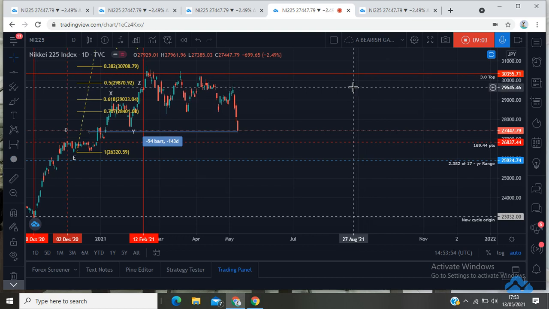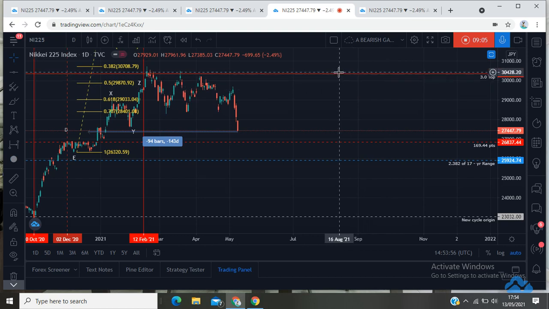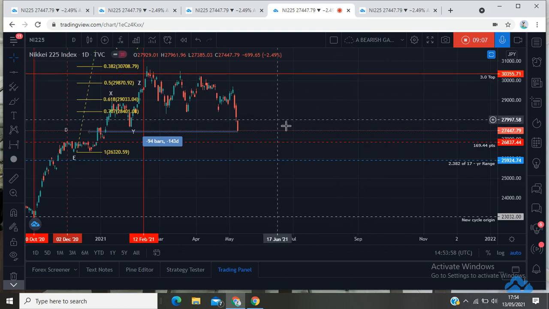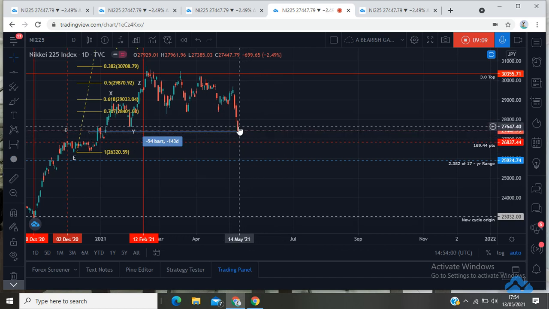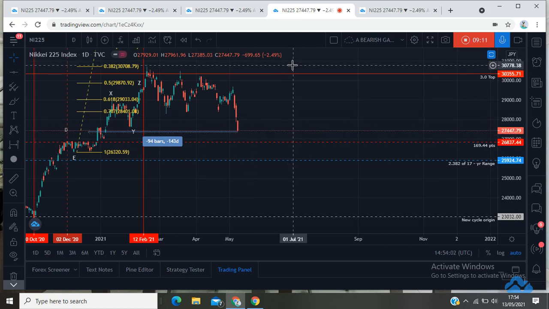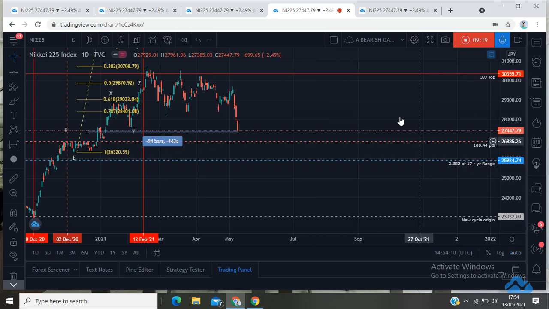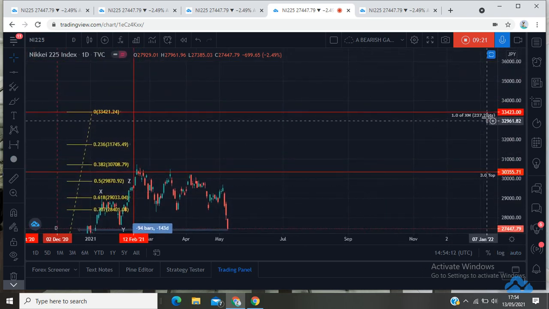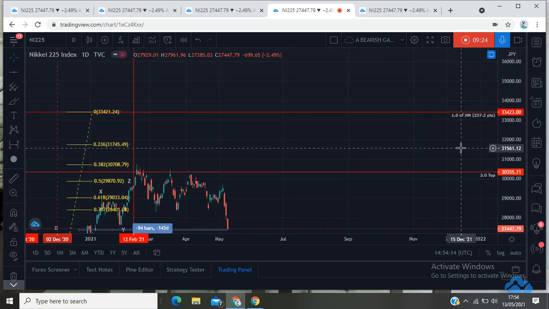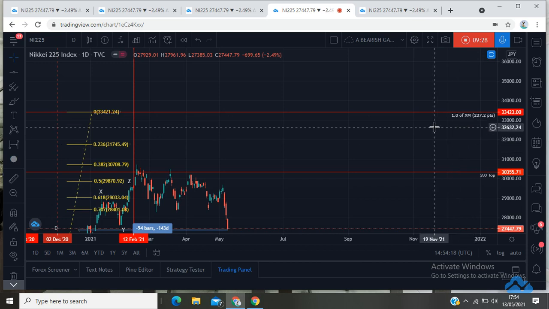But first, the 3.0 level will offer some strong resistance. So currently we expect that we would not break through it that easily. We might have some sideways market for a while before finally we break through that level and head for the top of our range, which was projected into the 33423 price level.